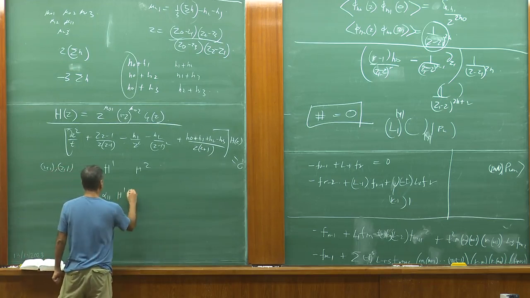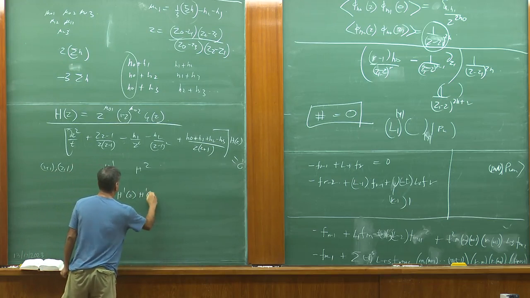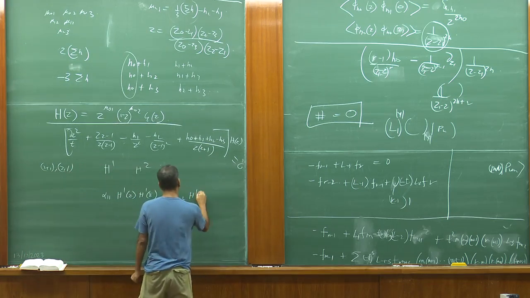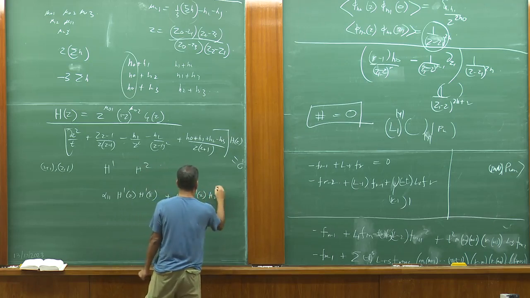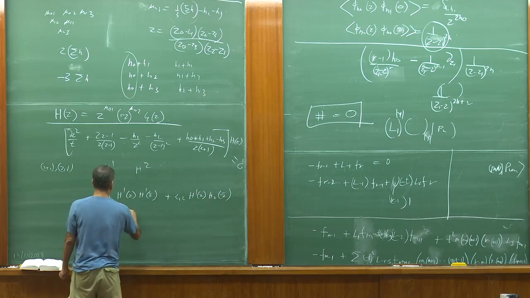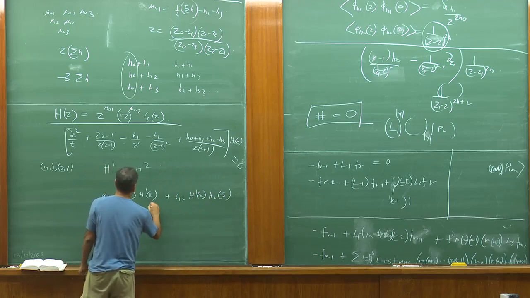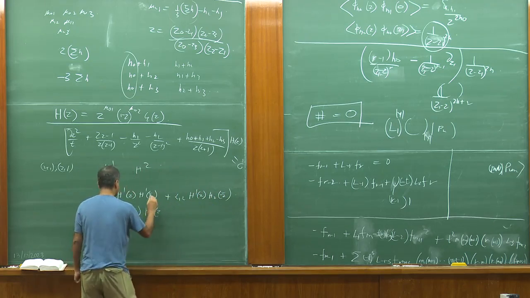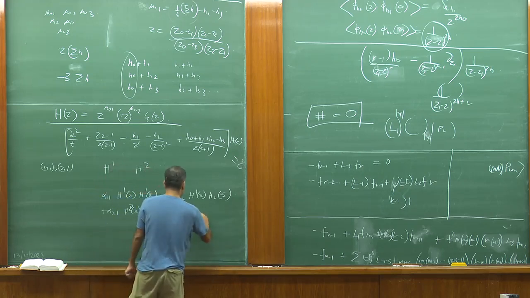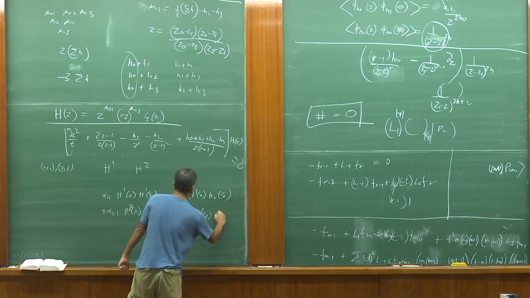H1 of Z H1 of Z bar plus alpha 1 2 H1 of Z H2 of Z bar plus alpha 2 1 H2 of Z H1 of Z bar plus alpha 2 2 H2 of Z H2 of Z bar.